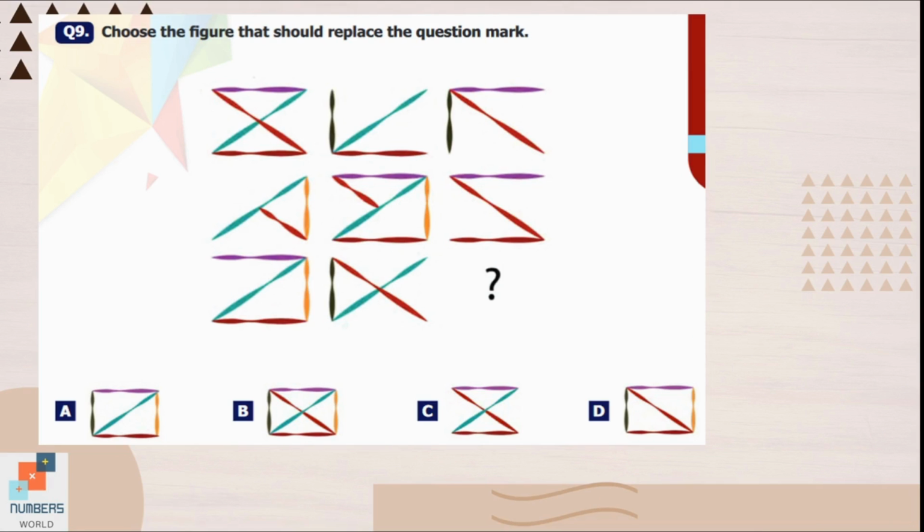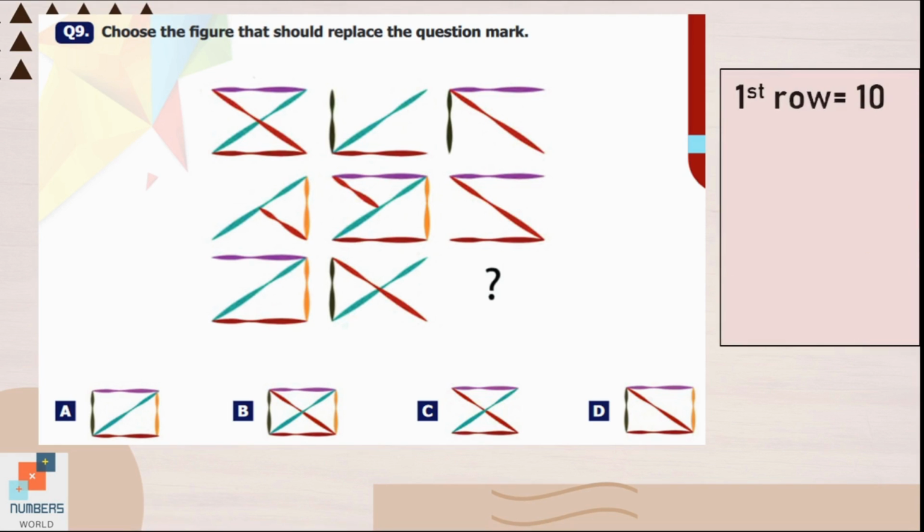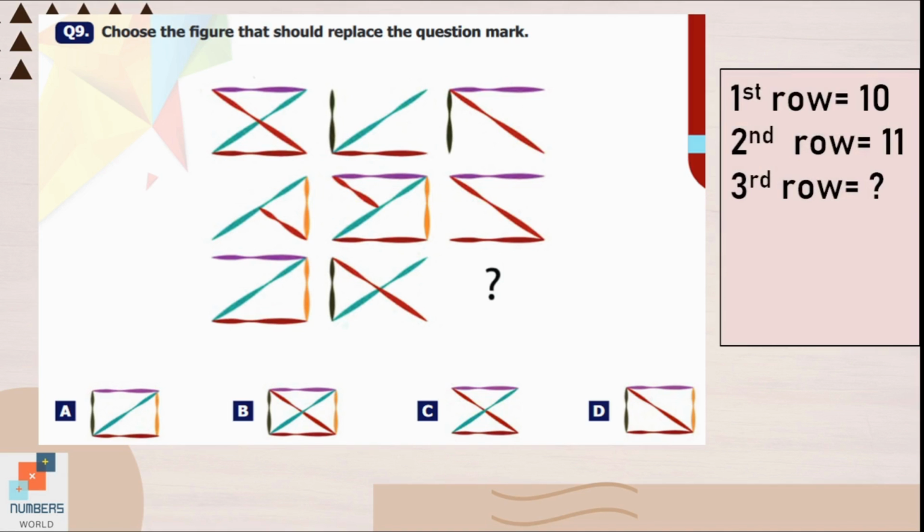Question number 9. Choose the figure that should replace the question mark. So let's find out the pattern first. There are 10 lines in the first row, 11 in the second. So how many lines should be in the third? Obviously 12. So we can see there are 7 lines in the two figures. So 7 plus what is equal to 12? It's 5. So we are going to choose a shape with 5 lines.